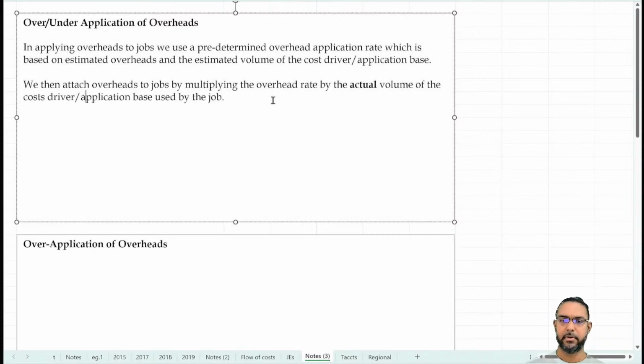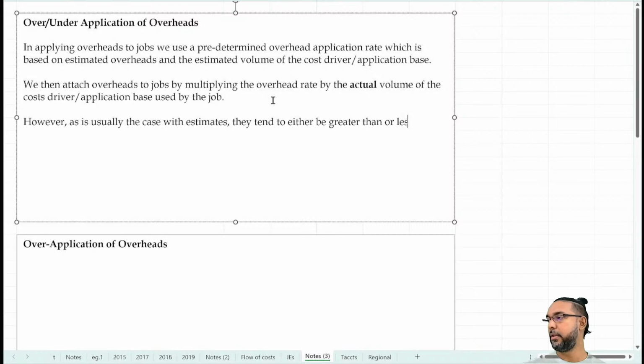Oops, how did that happen? Not even sure, right? However, as is usually the case with estimates, they tend to be either greater or less than the actual value of overheads incurred on the job.